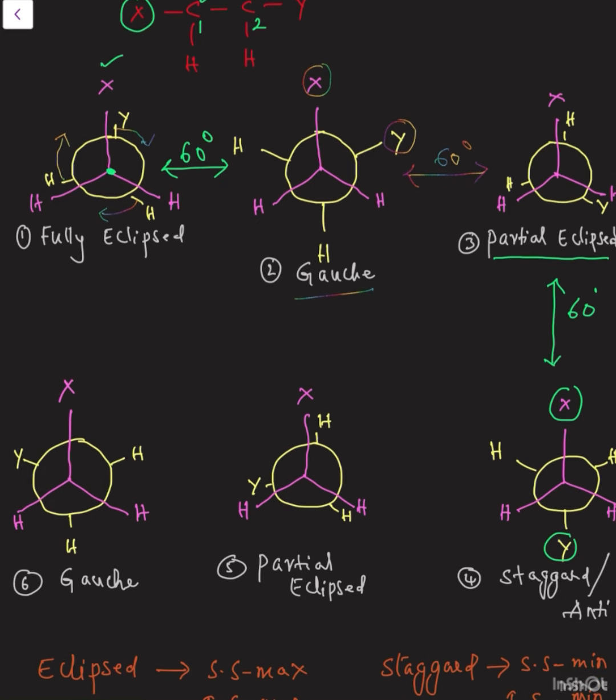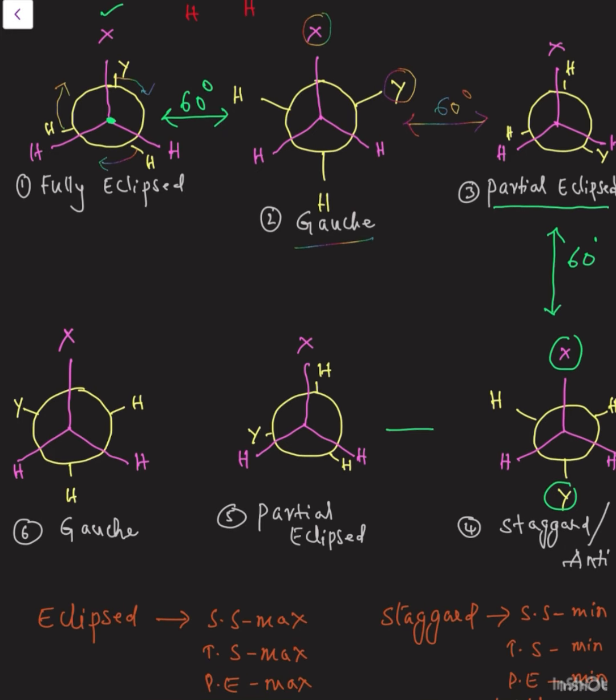Next, by rotating 60 degrees again, this anti or staggered gives partially eclipsed again. Now this partially eclipsed, rotated by 60 degrees, we get the gauche form. Again gauche is rotated by 60 degrees, and we get the starting conformer again, that is the fully eclipsed conformer is formed.